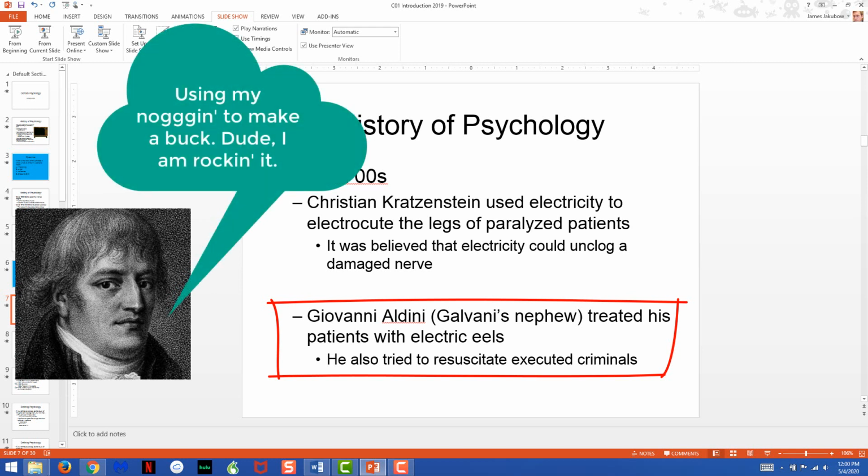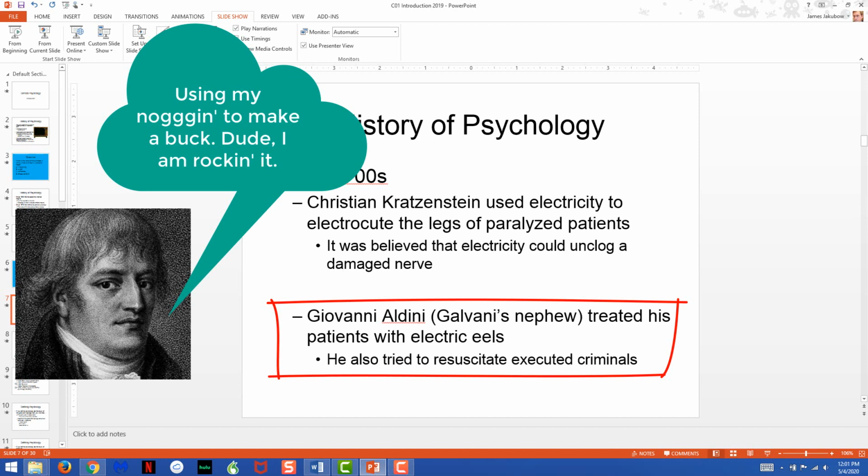And then you would have to pay him for treatment like this. And that attempt was, from Aldini's standpoint, a way to get much more electricity into the person's body to flush out the nerves to improve their medical health.